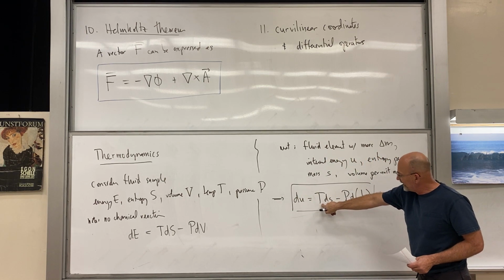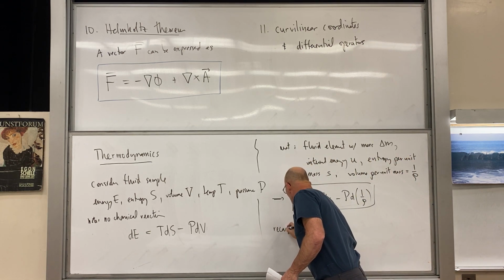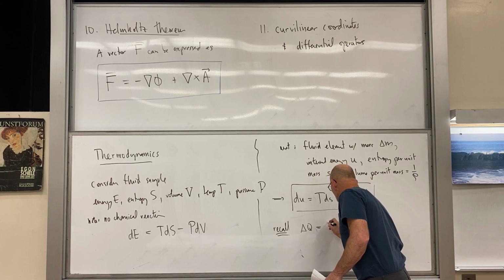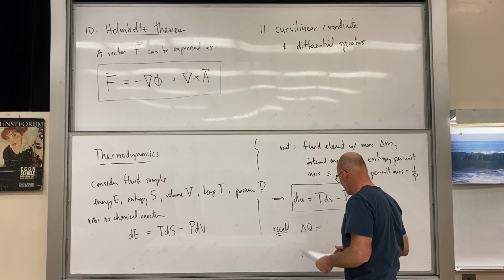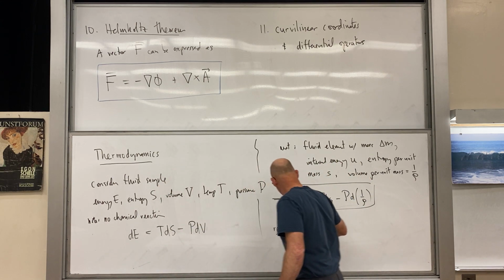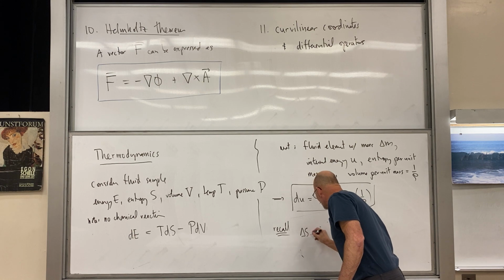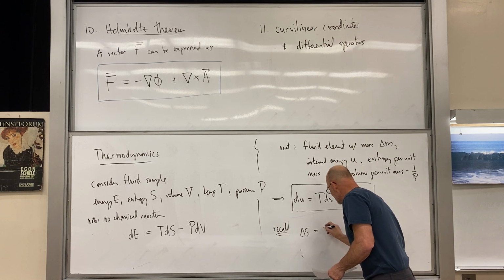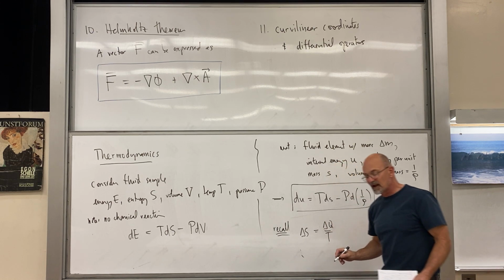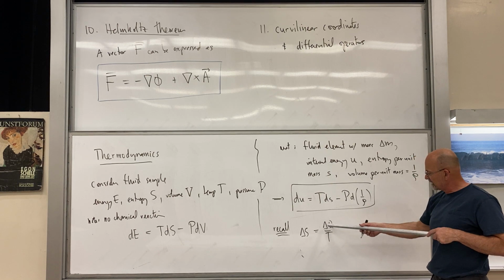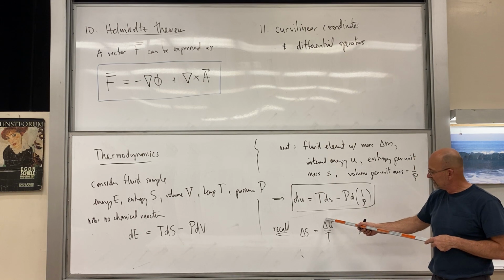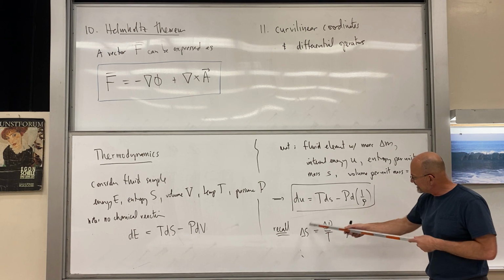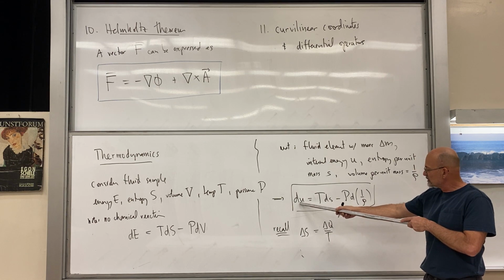And as far as this T dS goes, remember you had delta S is equal to delta Q over T. That was in your elementary thermo where you had the change of entropy, and this was an energy flowing in to an object over T. So if you just cross multiply this, you'll see your T dS, that's the change of internal energy.